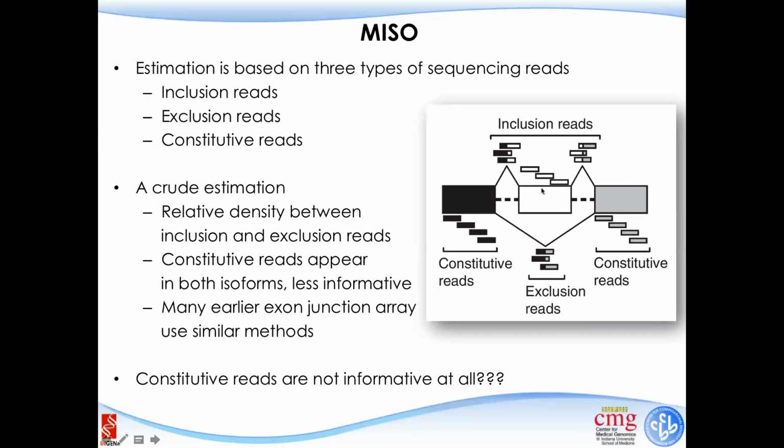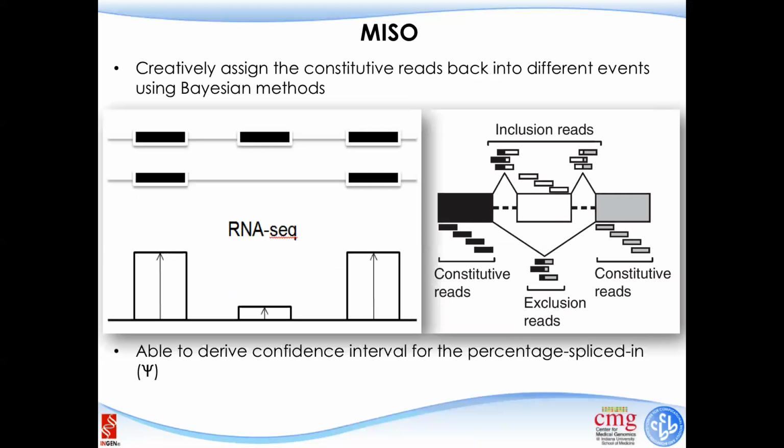You can write a maximum likelihood function by including the constitutive rates, considering that the total of the inclusion and exclusion rates should be relatively equal to the depth or density here, and also the same here. So the constitutive rates are not non-informative. The method creatively assigns the constitutive rates back into different events using a Bayesian method.